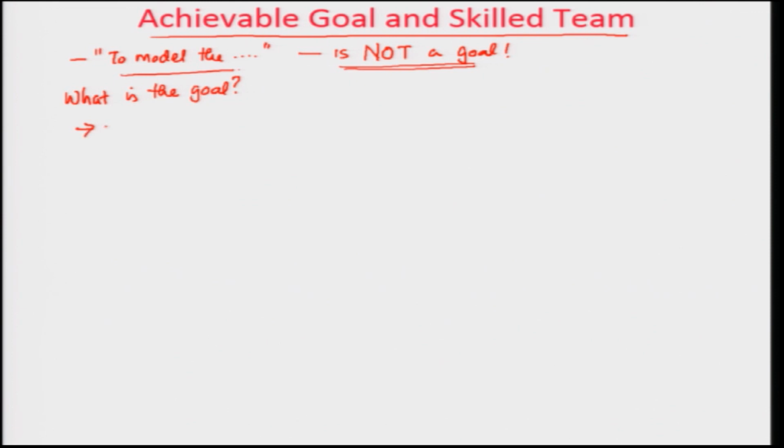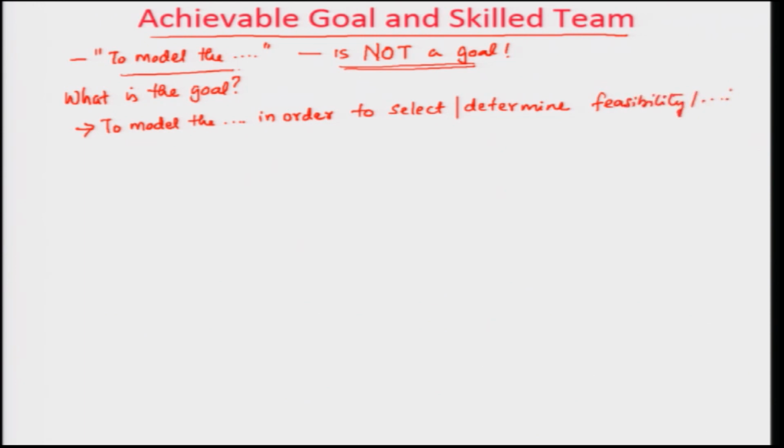Okay. The goal is to model the whatever in order to select or determine feasibility, or whatever you want to call it, is usually the goal.